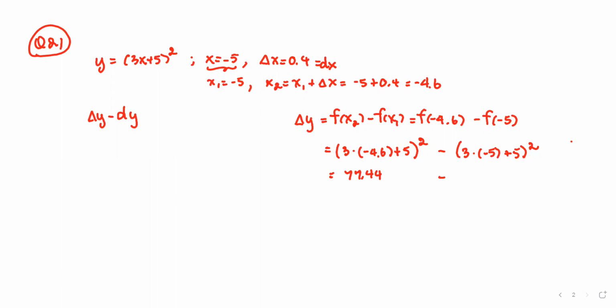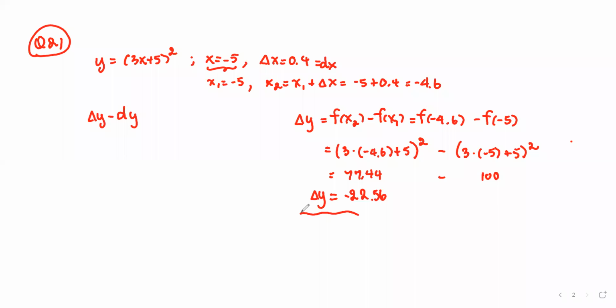What would that be? 100. 100 is from negative 15 plus 5, that's negative 10 squared, so 100. So then the difference of these two numbers would be negative 22.56. I think I was wrong on that one. Okay, so delta y is negative 22.56.